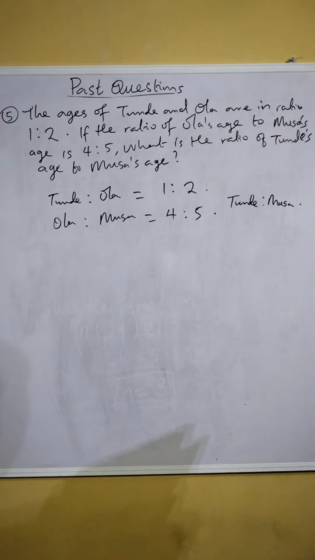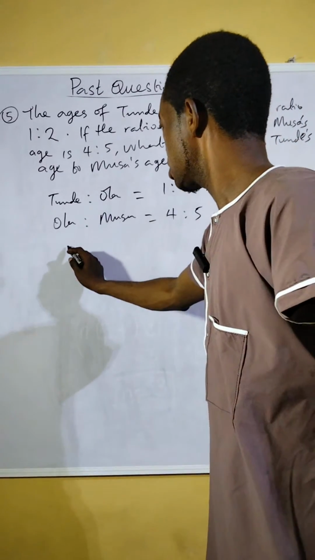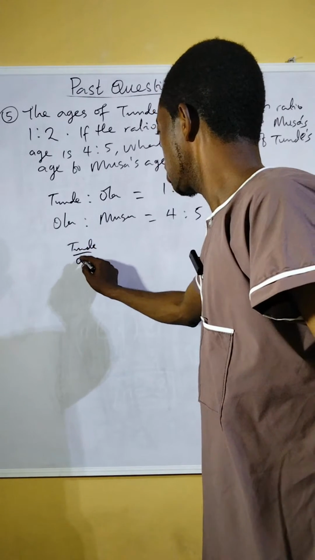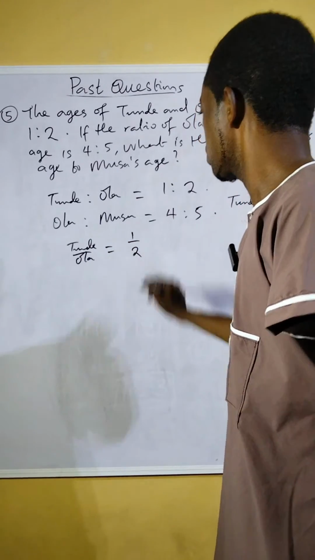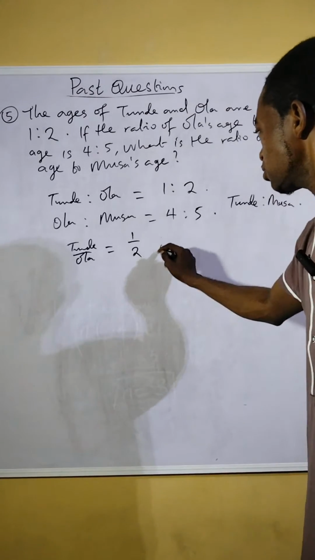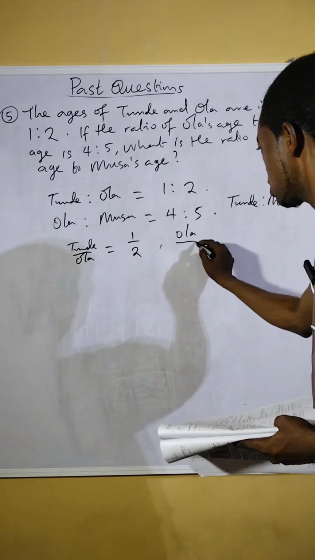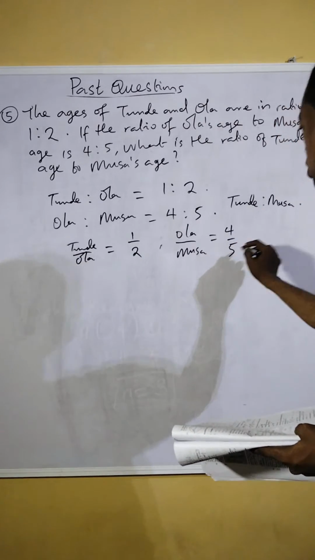When we write it, let's try to write it in form of fraction properly. Now, when we look at it, we can say this is Tunde's age over Ola's age, which is given as 1/2. And also we have that of Ola over Musa, that is 4/5.